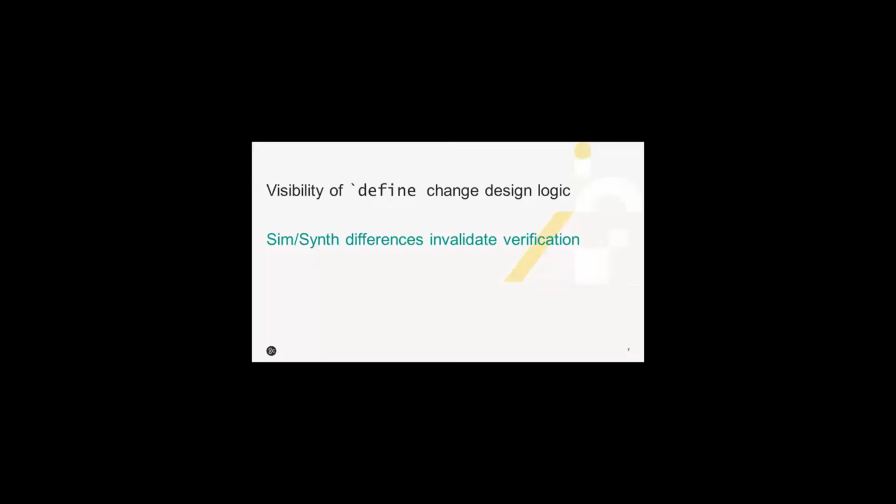But the problem I'm concerned with is what happens if we do all our verification with certain compilation units in the simulator, but the synthesis and all the backend tools are using different compilation units? That basically invalidates our verification, so we want to make sure we're not doing that.